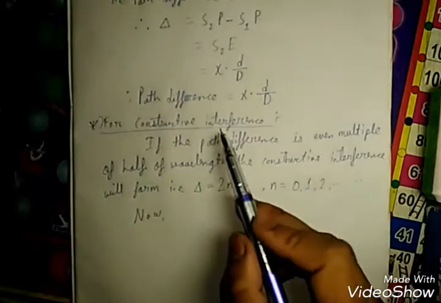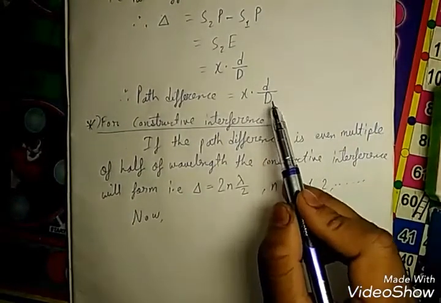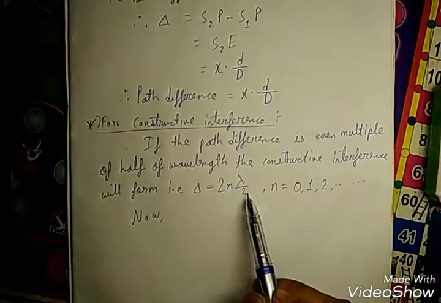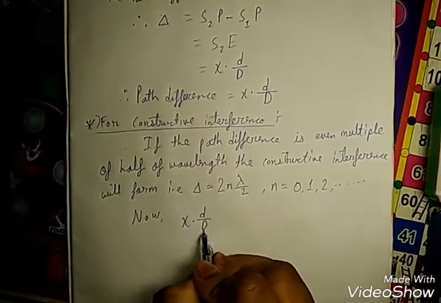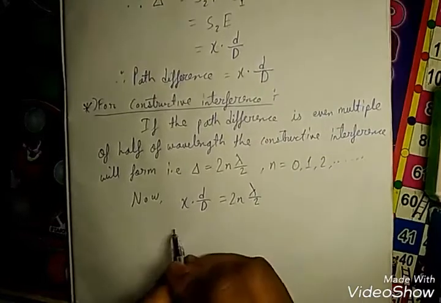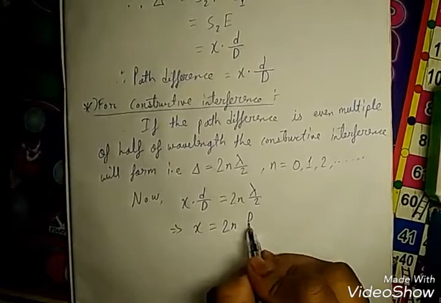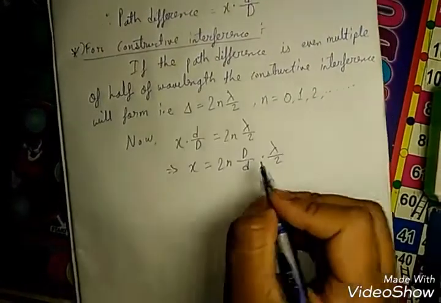Now, as we got the path difference as x into small d by capital D and also 2n lambda by 2, we can derive x into small d by capital D is equal to 2n lambda by 2, where we can again derive x equal to 2n capital D by small d into lambda by 2.